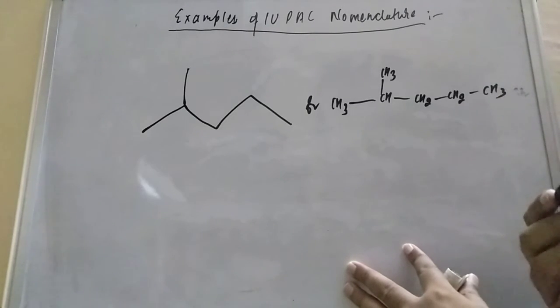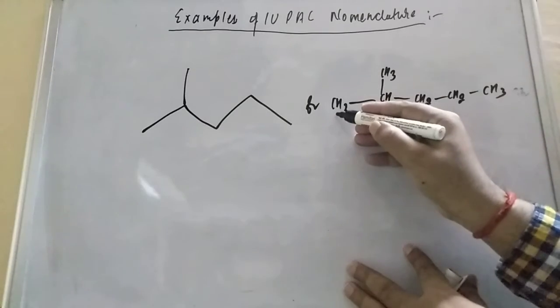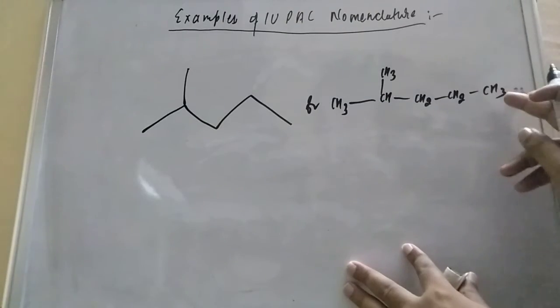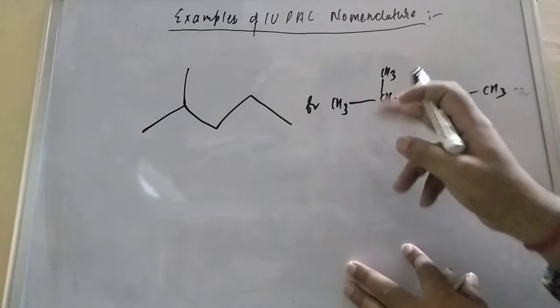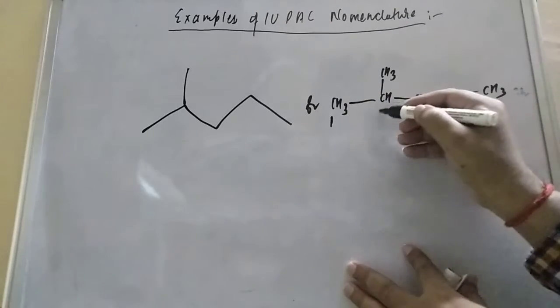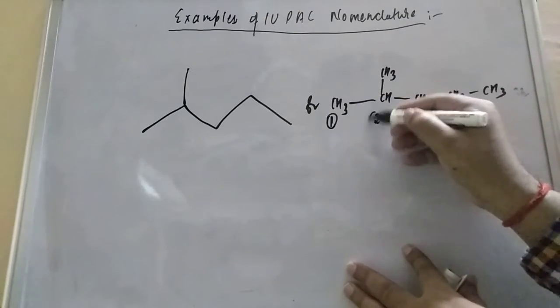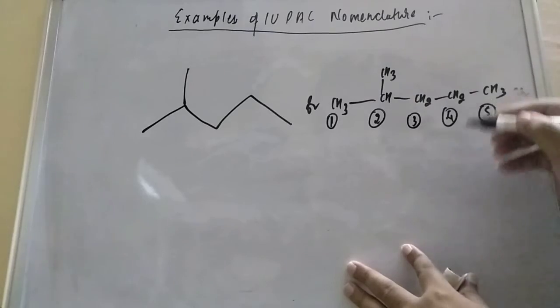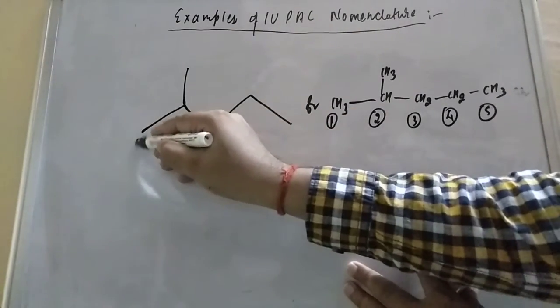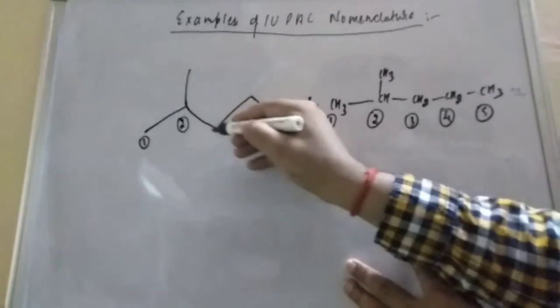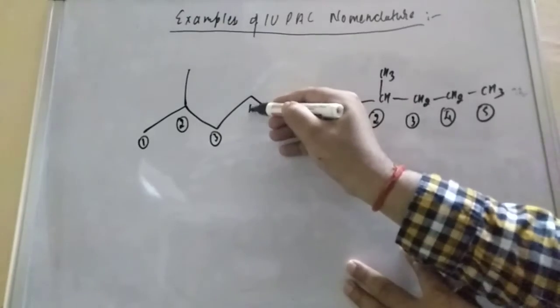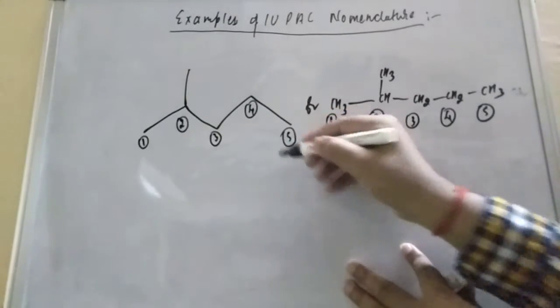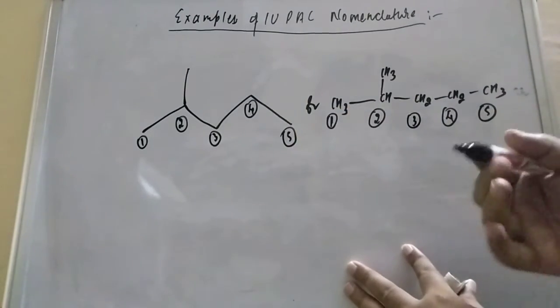Now we need to write the name. We will start numbering from here, because numbering from here gives the prefix the 2nd position. So this is 1, 2, third carbon, 4th carbon, and 5th carbon. For this compound, 1, 2, 3, 4, and the last one is 5.